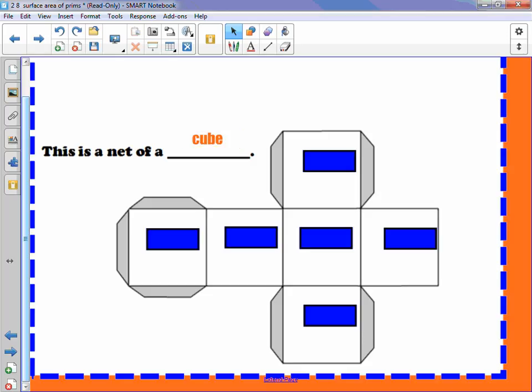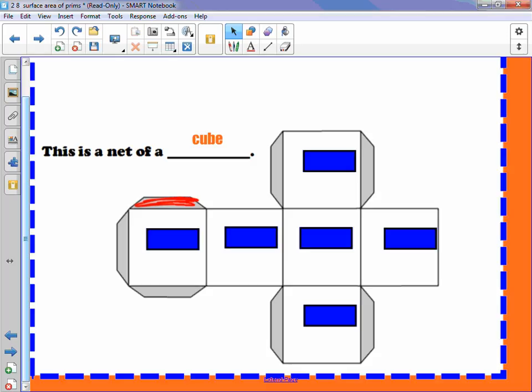If you look, it is a cube because they are all squares. So if every single face is a square, it is a cube. Think of a dice. Some of y'all were asking, what's going on with this right here? If you were to take a net and put it together, those are just the flaps to help it stay together.